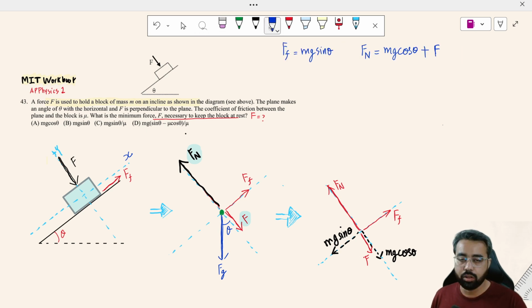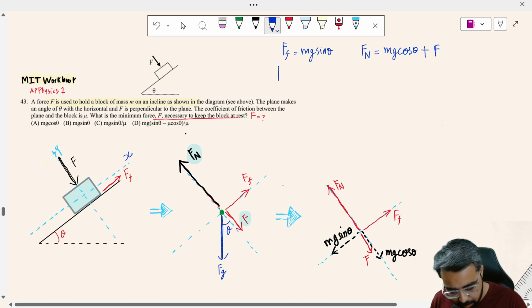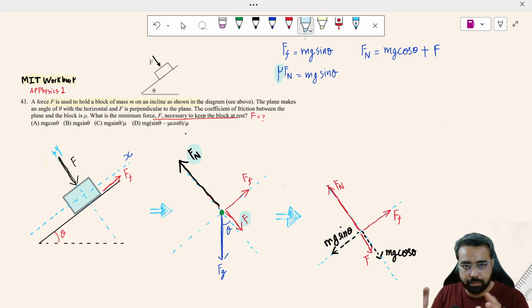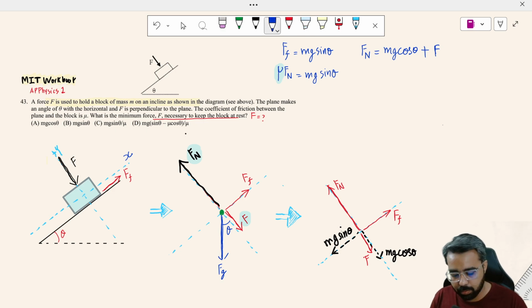This is static friction, so that's why it must be mu, the coefficient of static friction. Mu times normal force is equal to mg sine theta. Now if you see all the options, we don't see any normal force factor in any of the options. It means we must eliminate this normal force.